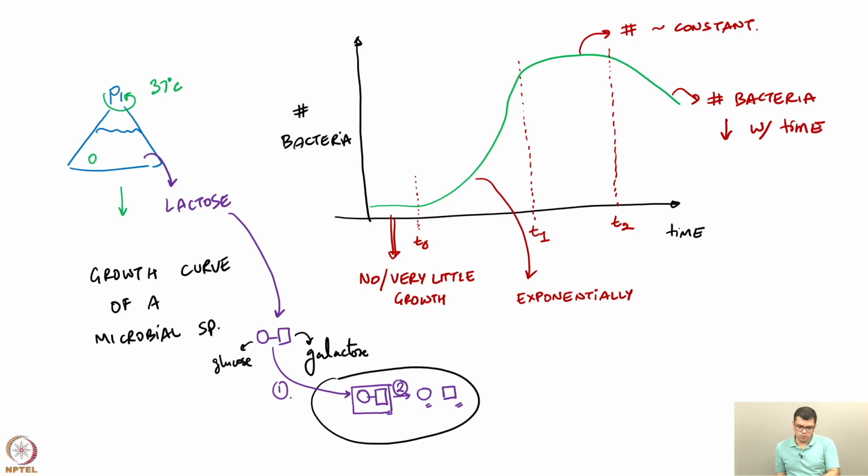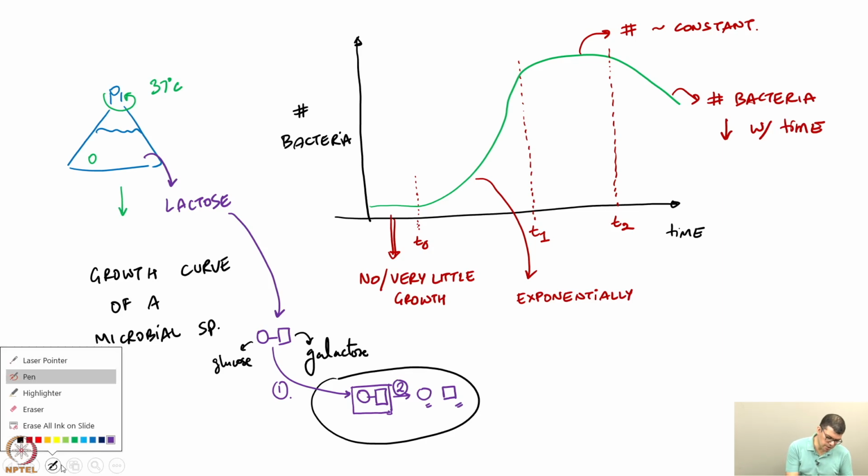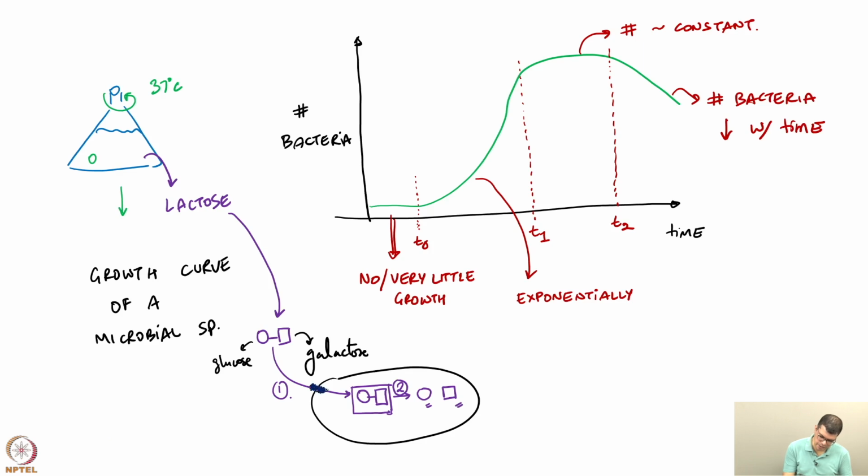These 2 steps are facilitated by specific proteins in E. coli. The first step is facilitated by a dedicated transporter whose name is LacY, and this protein's only job is to transport lactose from outside the cell to inside the cell.